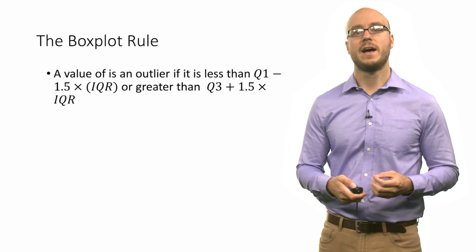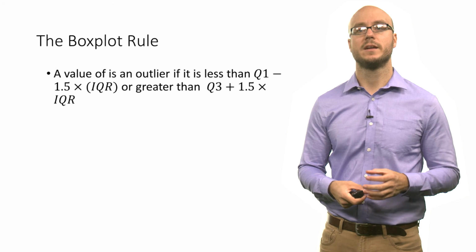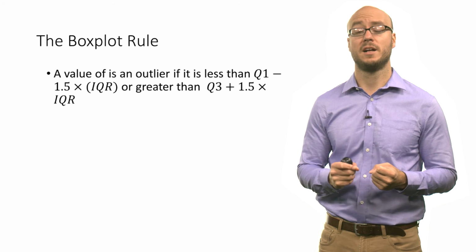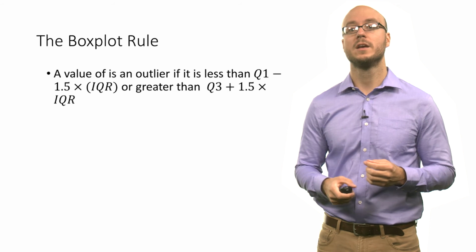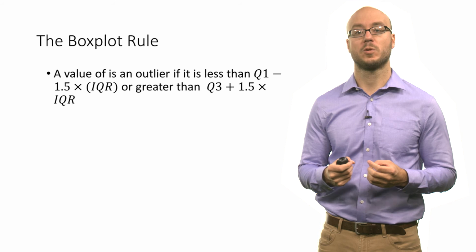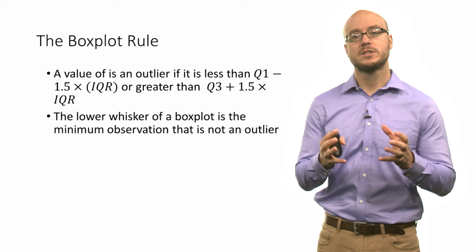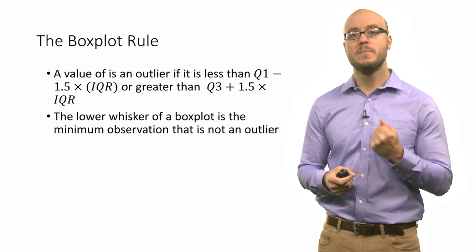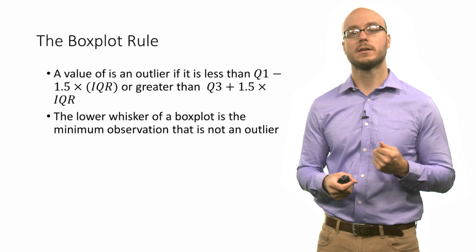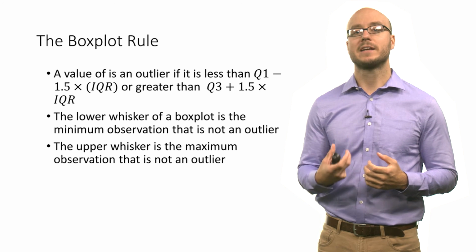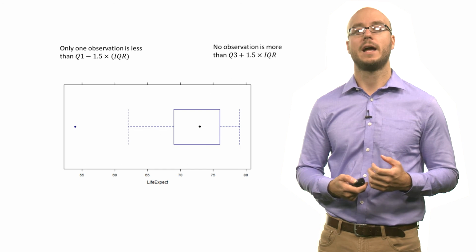The idea is that a value is an outlier if it is less than the first quartile minus 1.5 times the interquartile range, or greater than the third quartile plus 1.5 times the interquartile range. So when you look at a box plot, the lower whisker is the minimum observation that is not an outlier. Then the upper whisker is the maximum value of an observation that is not an outlier.